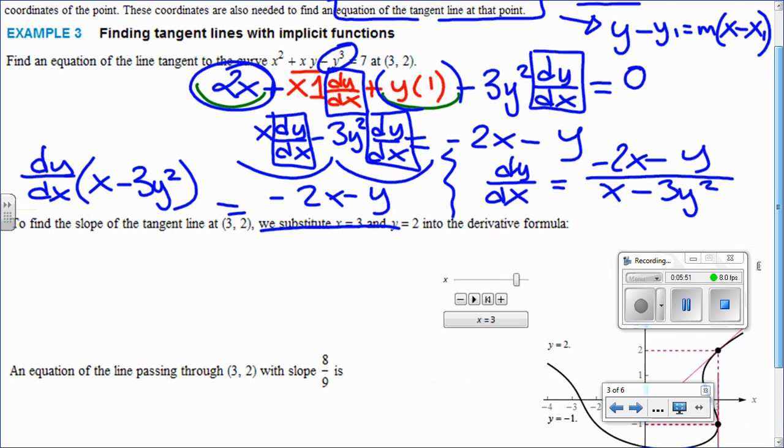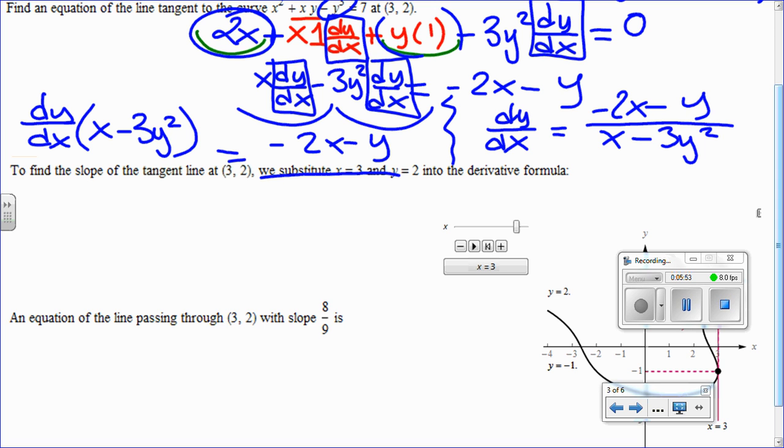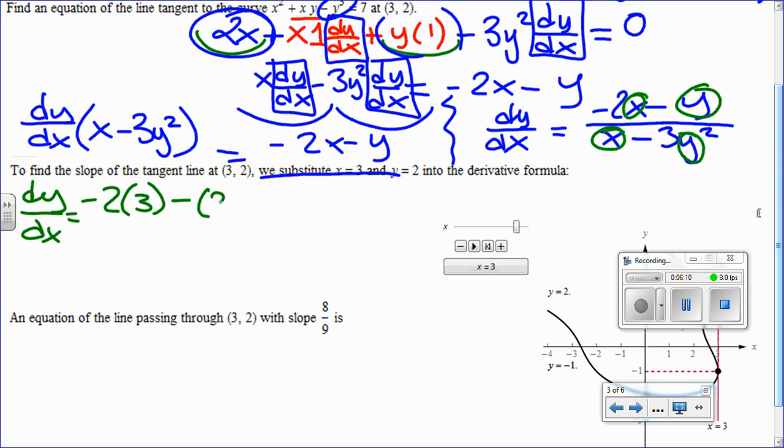That's why we substitute x with a 3. And then y, we're going to substitute that with a 2. Okay, so we're going to do that down here. So we have that dy dx is negative 2. Instead of x, we write a 3. And then instead of y, we write a 2, over x minus 3y squared, where we substitute x with a 3.